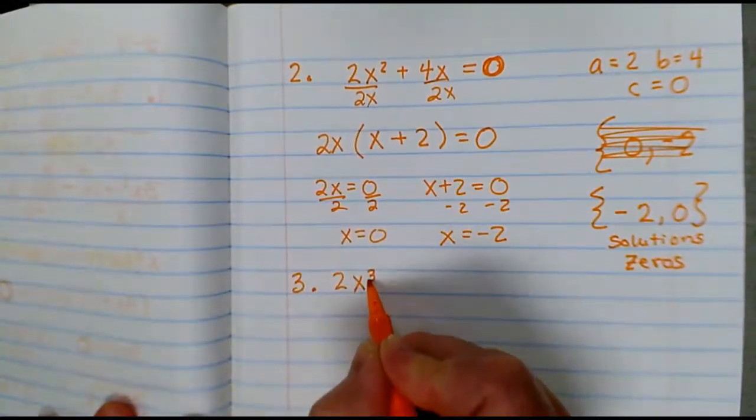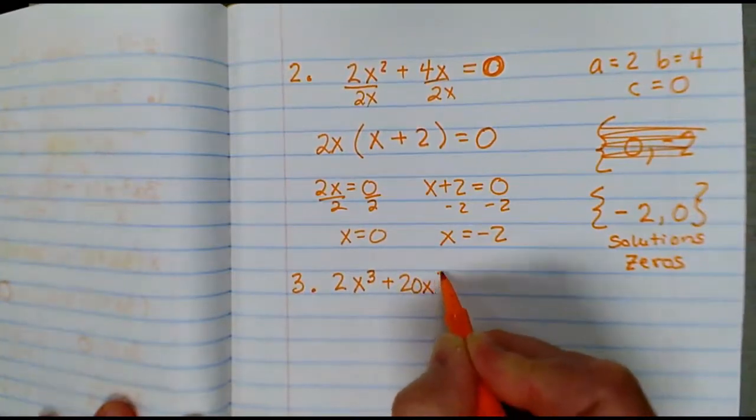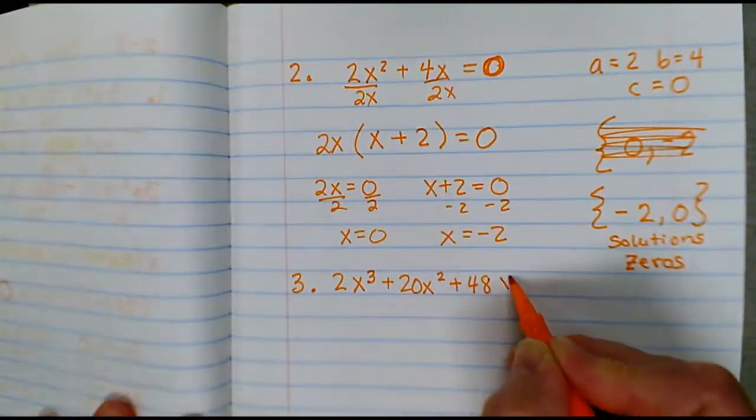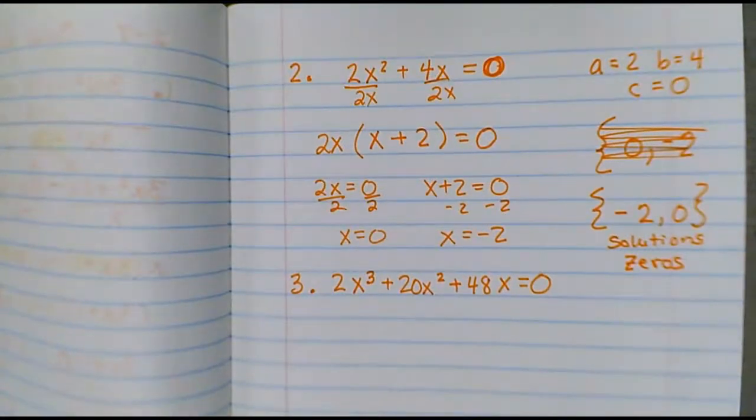2x to the third power plus 20x squared plus 48x equals 0. X is to what power? The third power, so we are looking for 3 answers. But before we do anything else, the first thing we look for is a GCF.